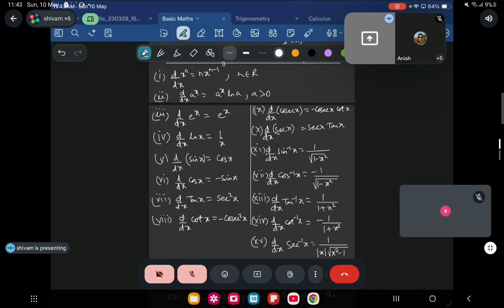Wait, no. Second one. Fourth one is correct. The first one. Why did we differentiate with respect to equality?